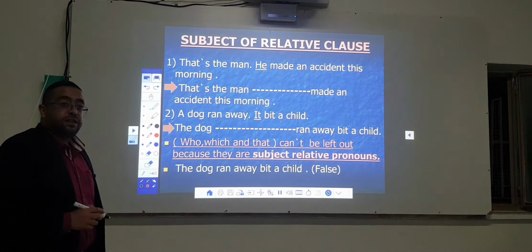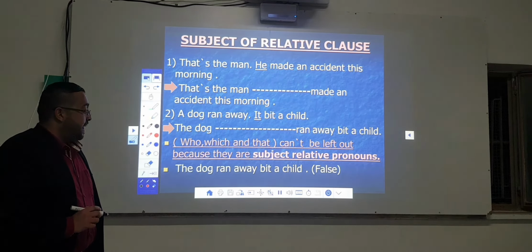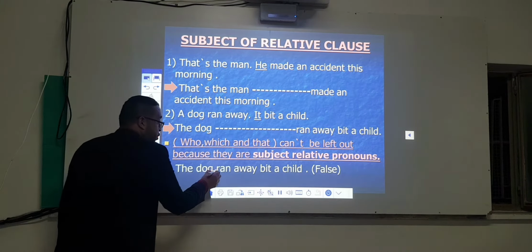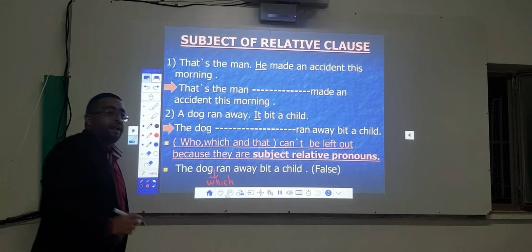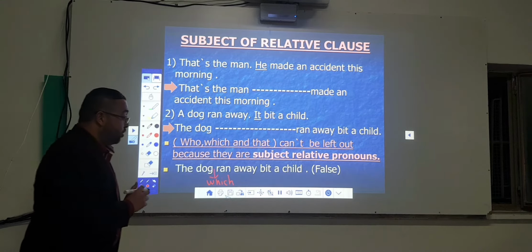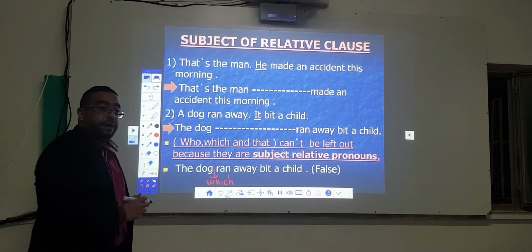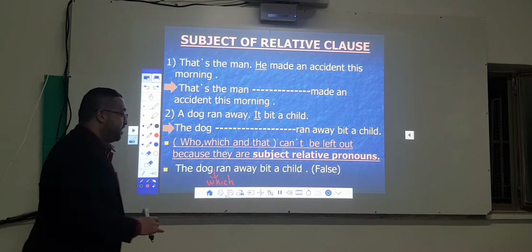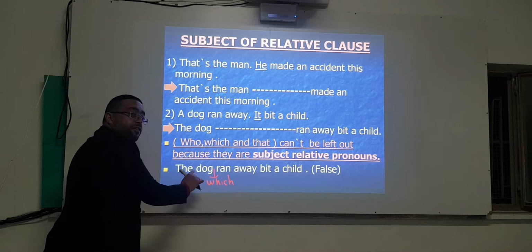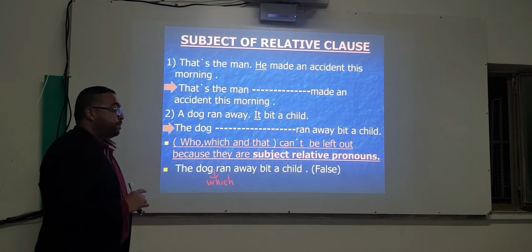It's a false statement. And we must use which to form a meaningful sentence. The dog which ran away with a child. It's a meaningful sentence by using the relative pronoun which.